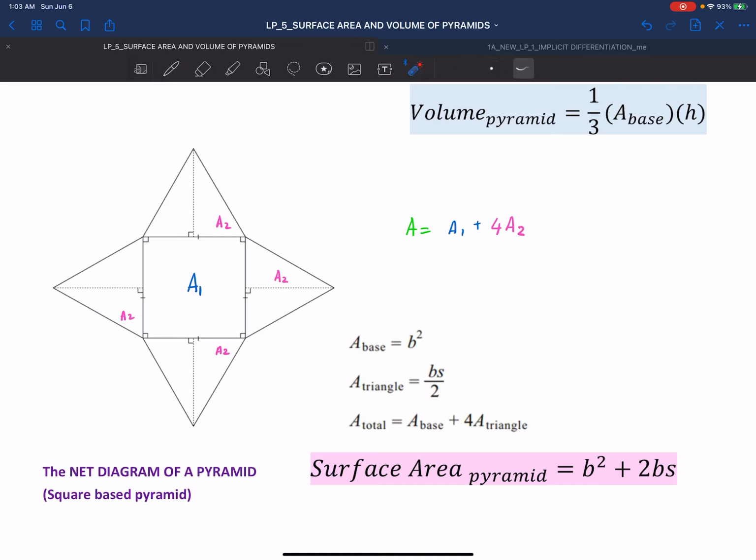Now, since the area of the base is B squared, because it's a square, and the area of each lateral face would equal B times the slant divided by 2.